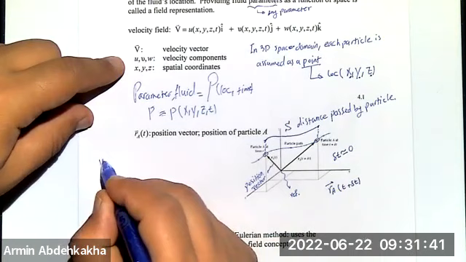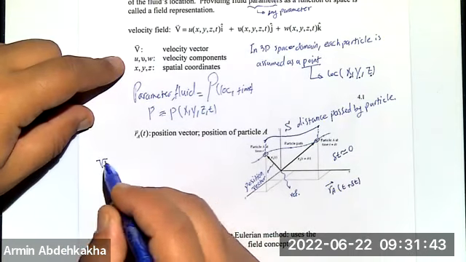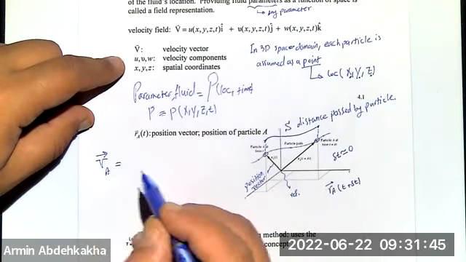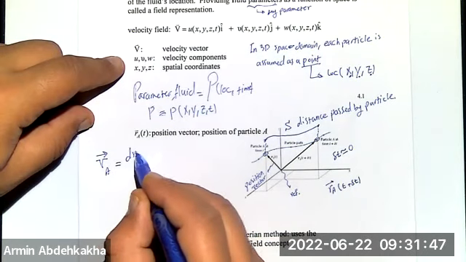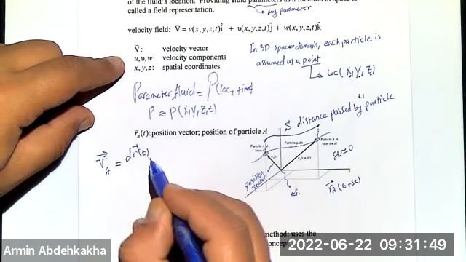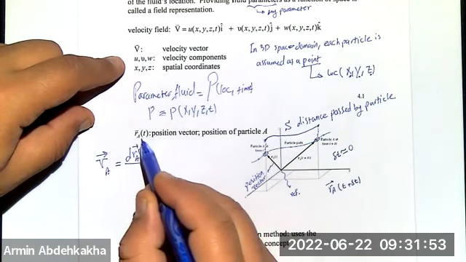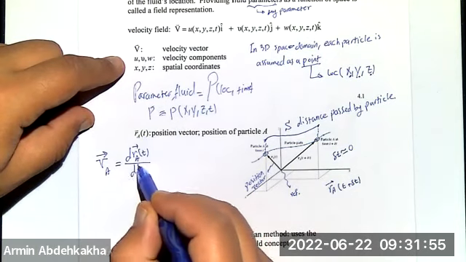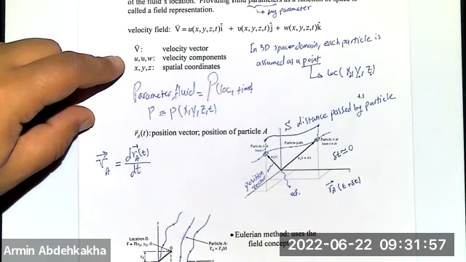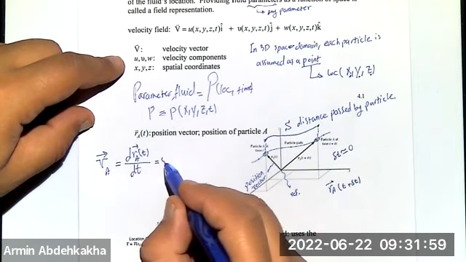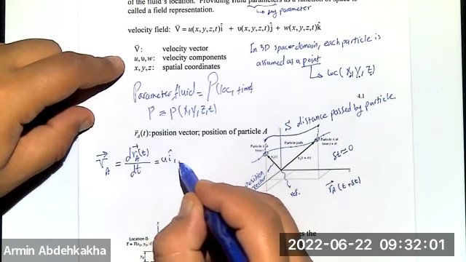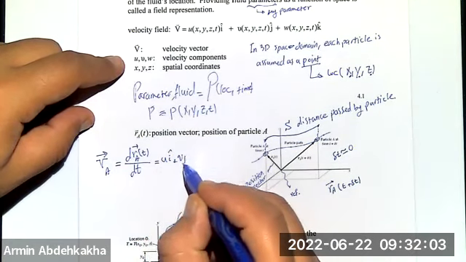Okay, so the velocity vector of that object is the derivative of the position of that object itself versus time. And it would be u i plus v j plus w k.